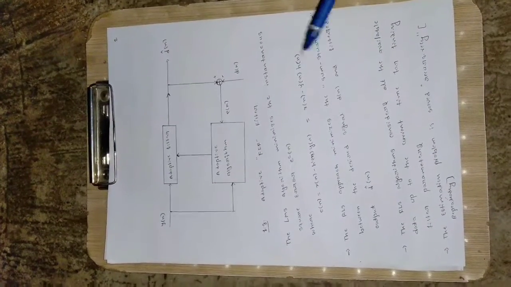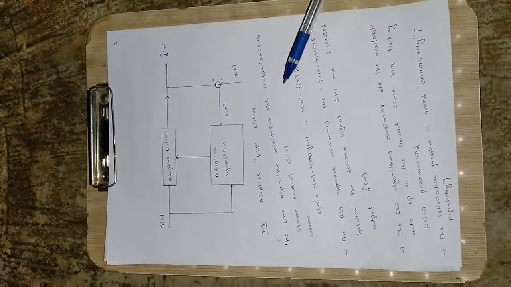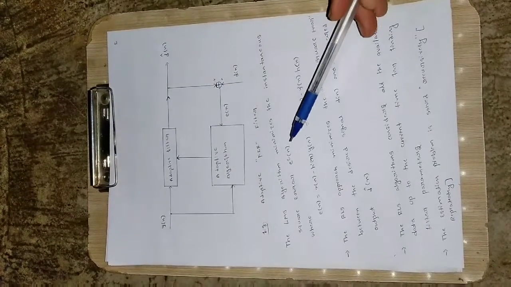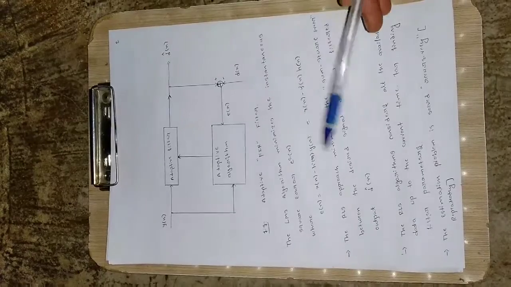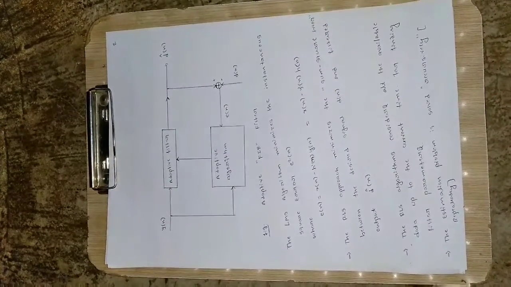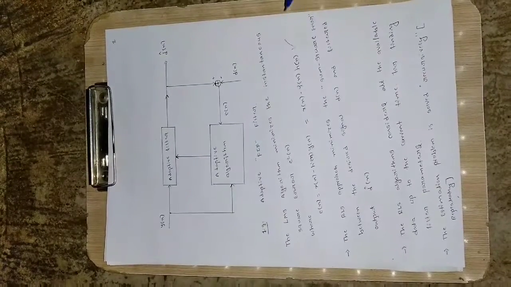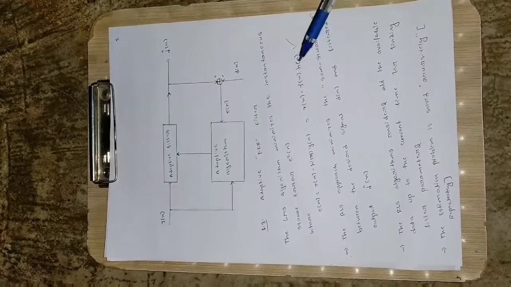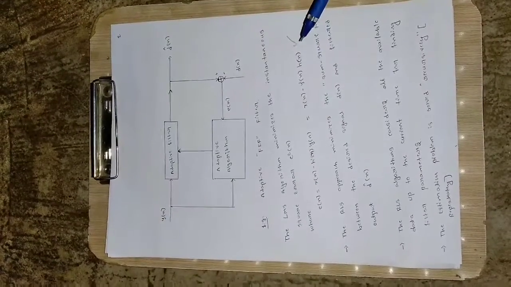Now the LMS algorithm minimizes the instantaneous square error e square of n. This is the instantaneous square error, and e of n is denoted by an expression which we got from the LMS algorithm derivation. If you have not seen that video, please check the playlist, so you can find the LMS video as well.